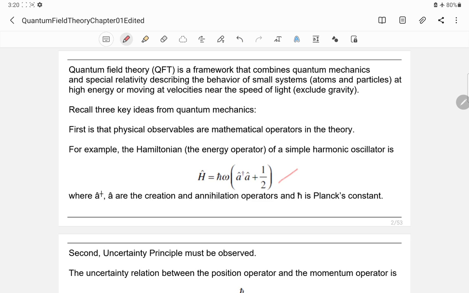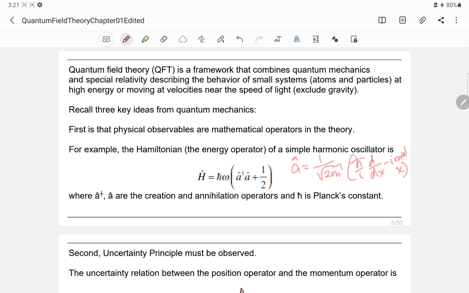By the way, your annihilation operator would just be equal to 1 over square root of 2m, where m here acts as the mass of the particle, and then you have the quantity h bar over i d/dx, derivative with respect to x or space, minus i m omega x.